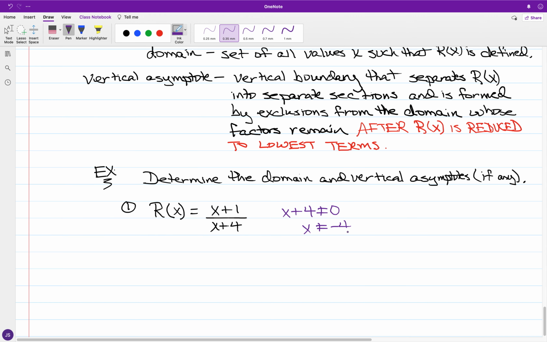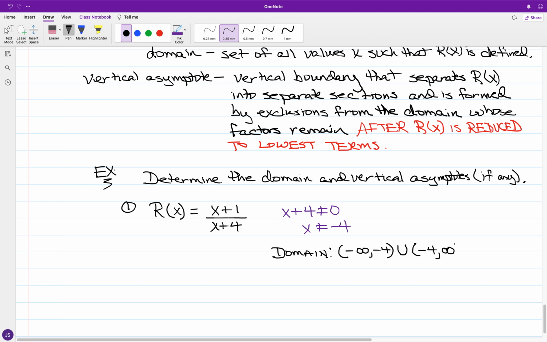So we have x plus 4 cannot be 0, so x cannot be negative 4. So for the domain, you'll have everything less than negative 4, combined with those values of x greater than negative 4. And in interval notation, you have parentheses with negative 4 and positive infinity inside.